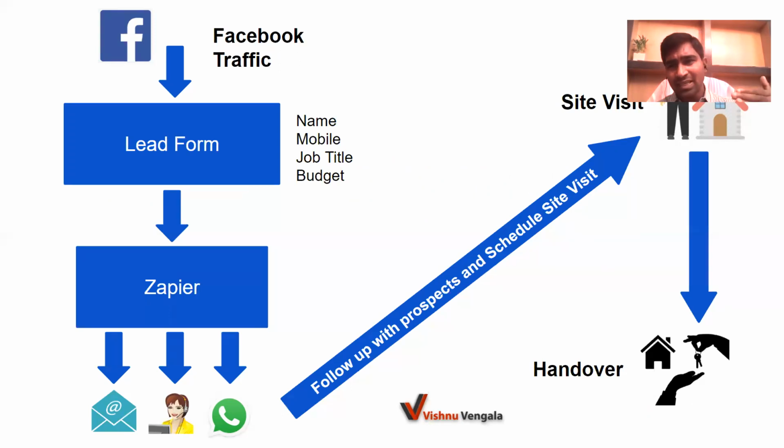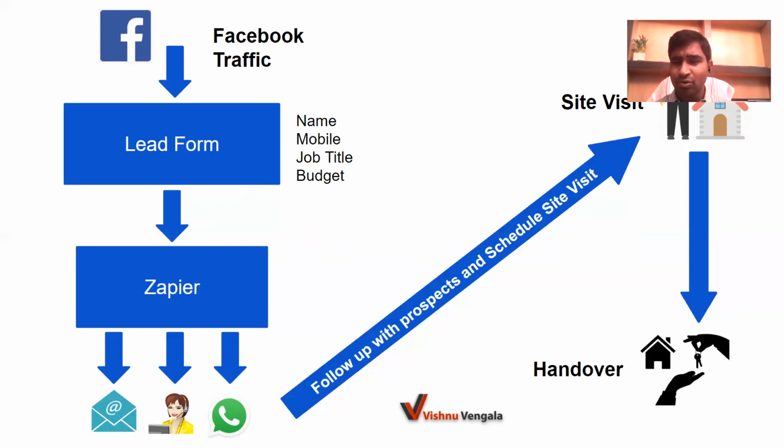And all these leads, using autoresponder and Zapier tools, you send across to a Google Drive or a CRM tool, and from there the predefined emails and SMS you already set up will be sent automatically in real time whenever these customers have given their details.